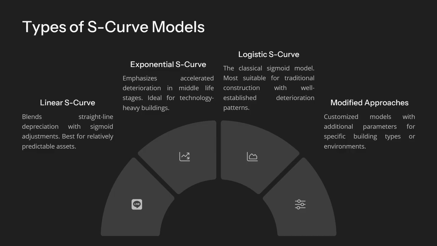This emphasizes accelerated deterioration in the middle life stages, ideal for technology heavy buildings. The third type is the logistic S-curve, the classical sigmoid model, most suitable for traditional construction with well-established deterioration patterns. And the fourth and last type is modified approaches, customized models with additional parameters for specific building types.